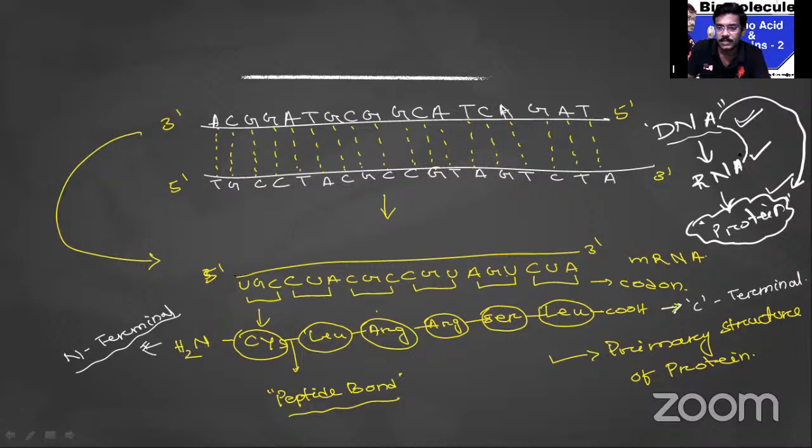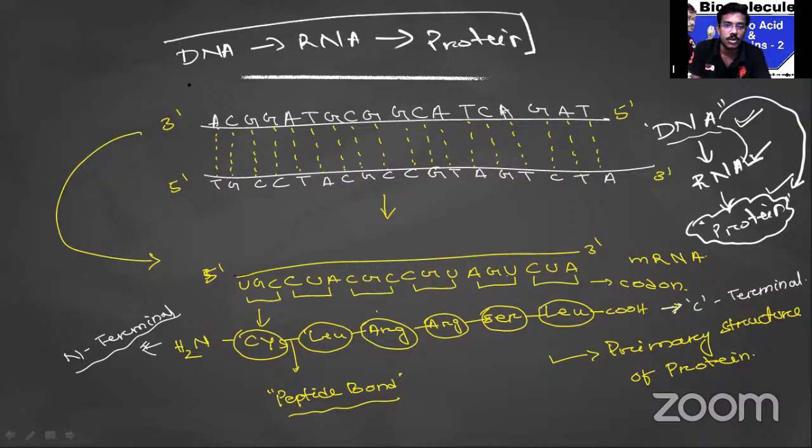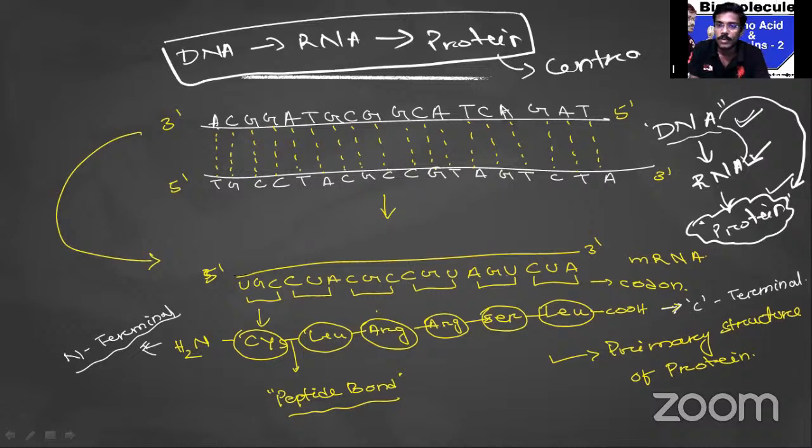It is transcribed into RNA first, and that RNA will ultimately make the protein. This whole process from DNA to RNA and RNA to protein synthesis is called the central dogma.